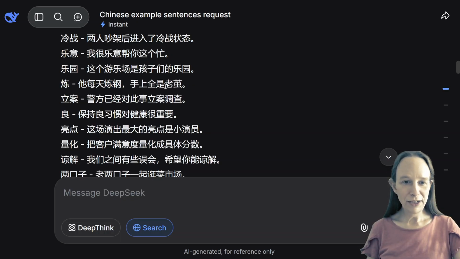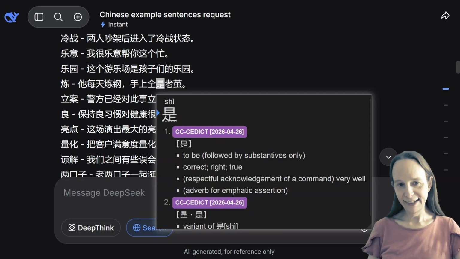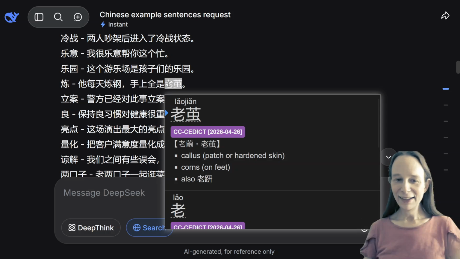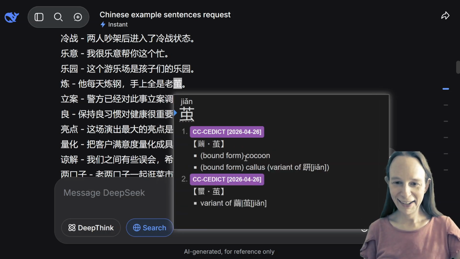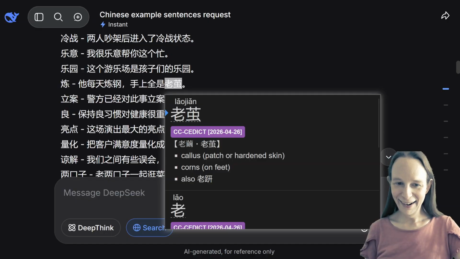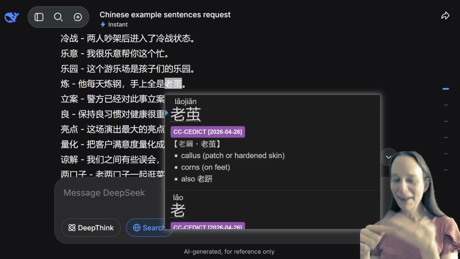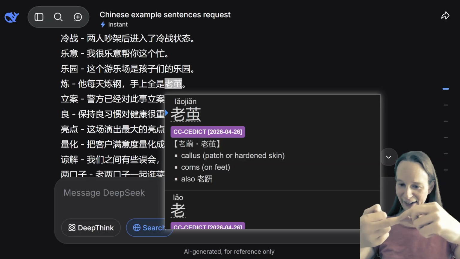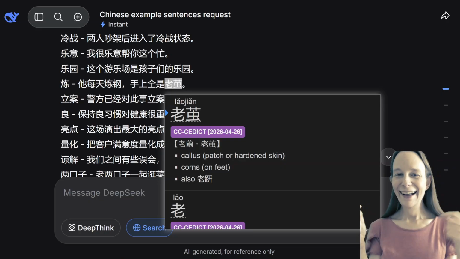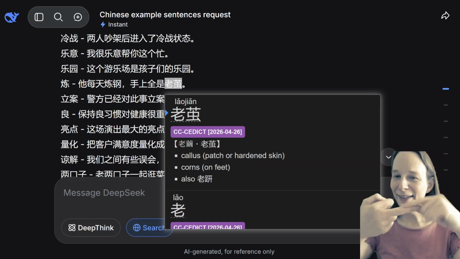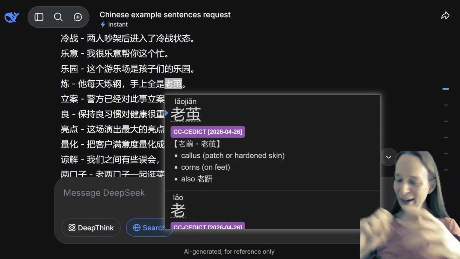手上全是老茧, what is this? 老茧. So jian is a cocoon, right? So, okay, old cocoon is callous. I have an old cocoon here, 老茧, but it's going away.